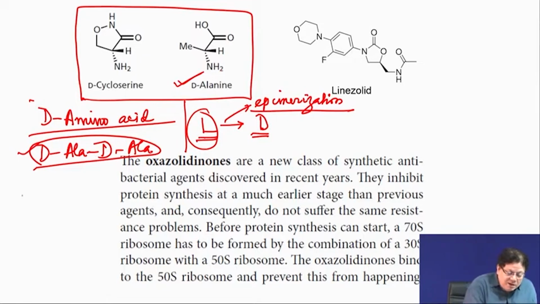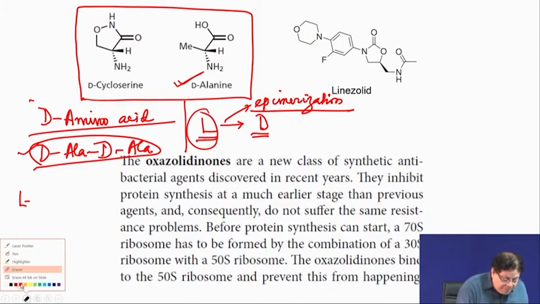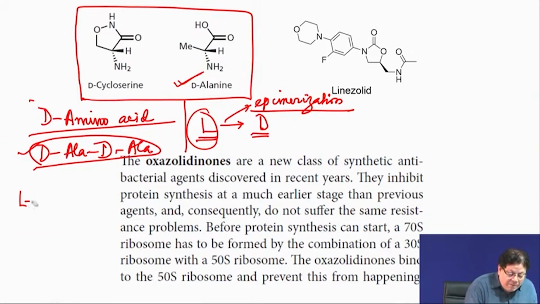That means this alanine racemase is the enzyme which racemizes alanine from L-alanine to D-alanine.